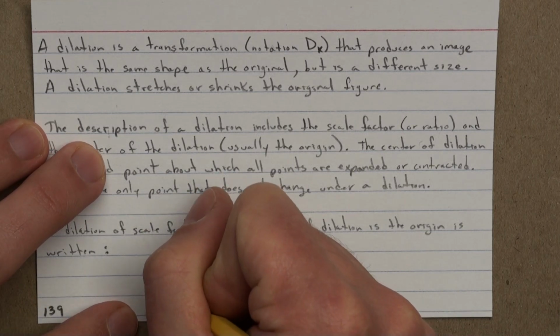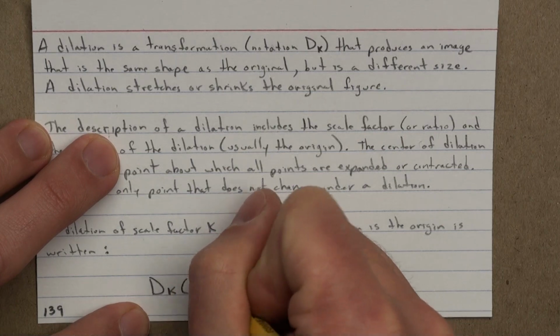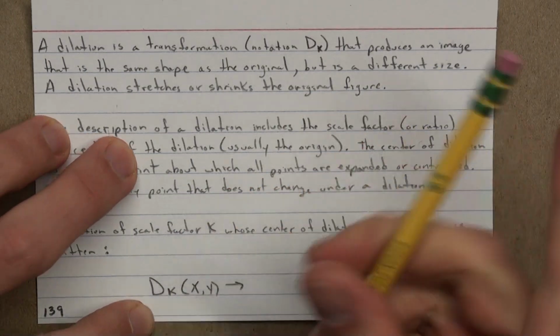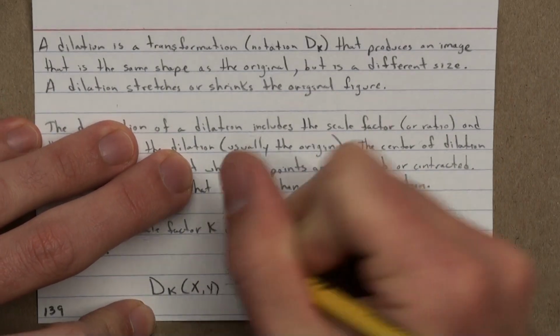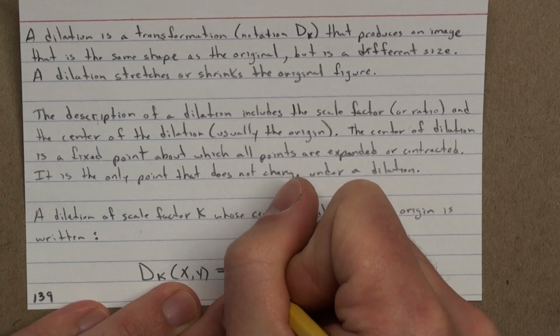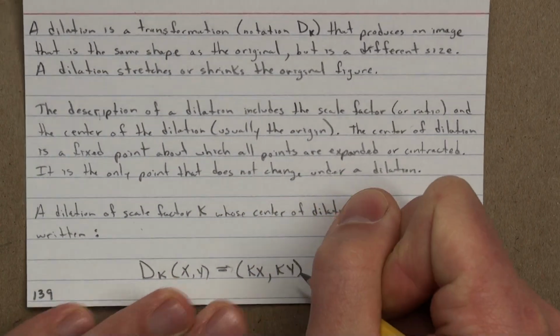D of k for x comma y goes to, equals instead, kx comma ky.